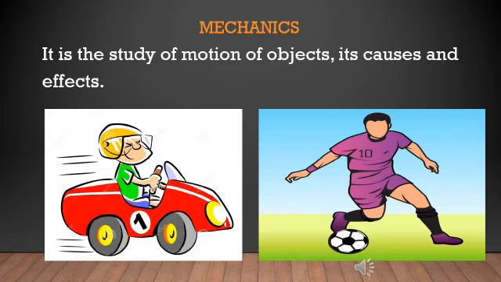It is because the driver applies force on the car which moves the car from one place to another. It means that force is the cause which moves the car. And then we will study the effects of the car on the road as it is moving. What are the effects of the car on the road?